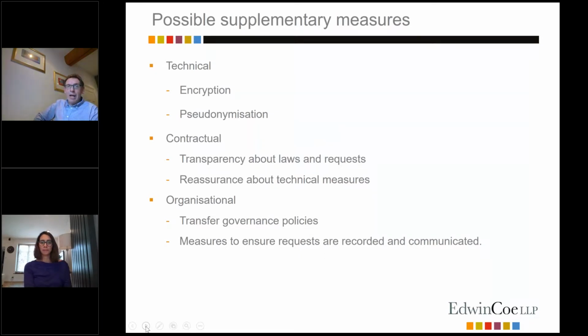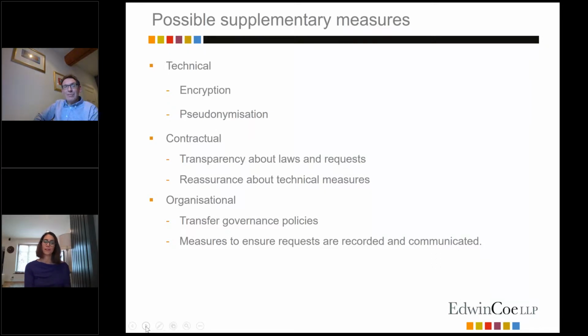So if you can encrypt your data to such a level that the US government or the UK government, even if they do intercept it, can't actually see what's in it, then that's great. That must be good. That must give you that adequate level of protection.